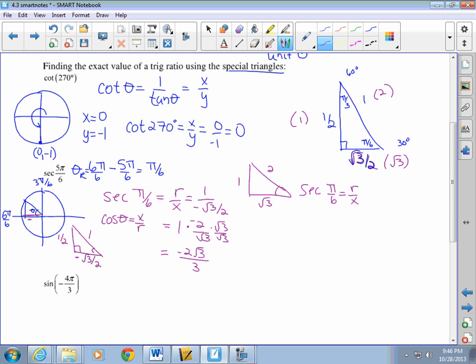My r value is 2. My x value is that negative square root 3. So I just rationalize my denominator, and I get negative 2 square root 3 over 3. So you can see how I get the same value, whether I use the unit circle with a radius of 1, or if I use the values where I'm not working with fractions.